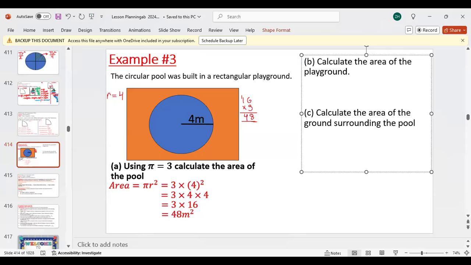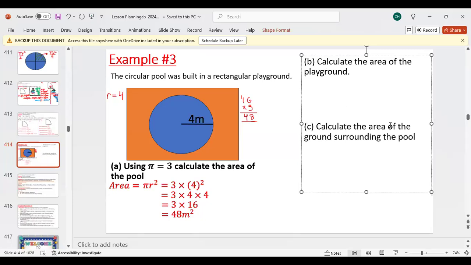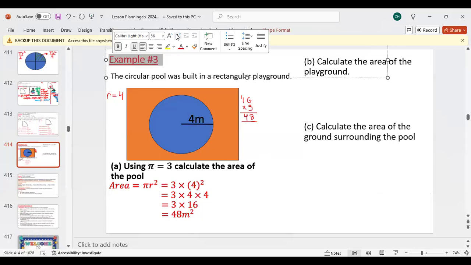And then, yes, ma'am. Before you go, for us to calculate the playground, we'd need the area of the rectangle. We need the measurements? Yes, sir. You kind of do. So let me fix that.